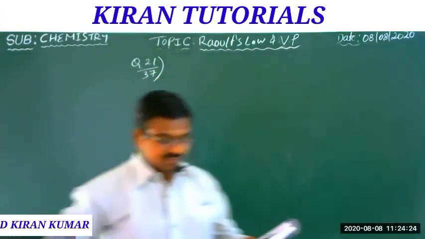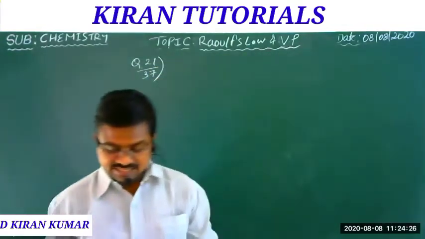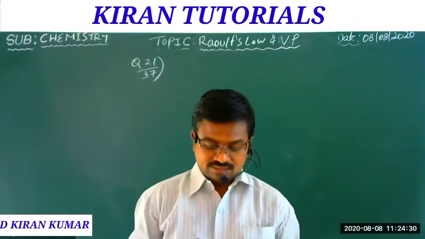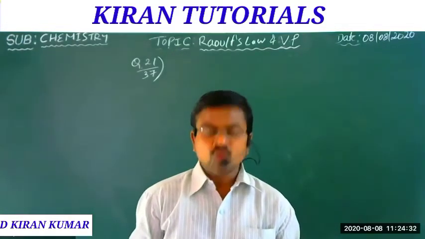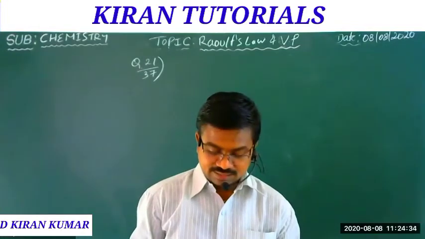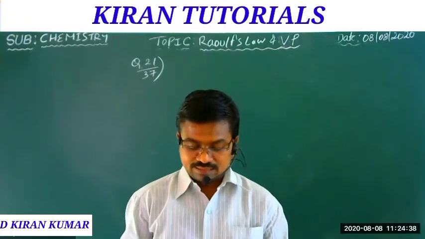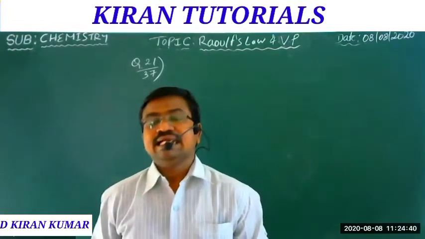So what is the question? Henry's law constant for the solubility of nitrogen gas in water at 298 kelvin is 1.0 into 10 power 5 atmosphere. Here KH, the Henry constant, is given.